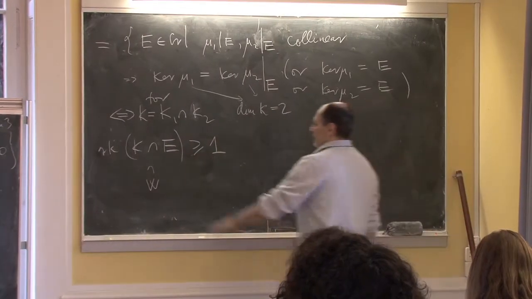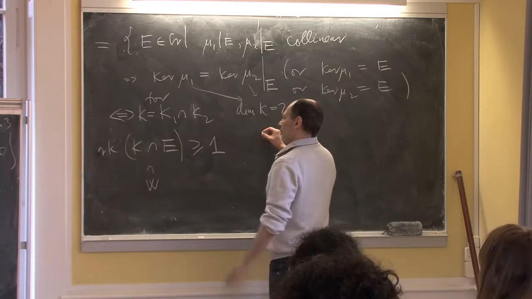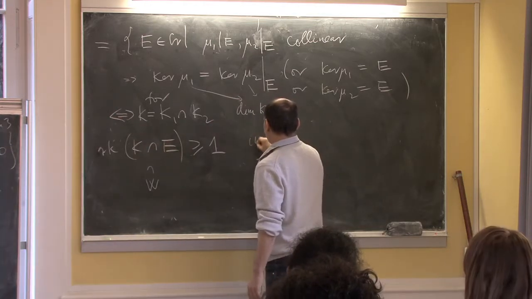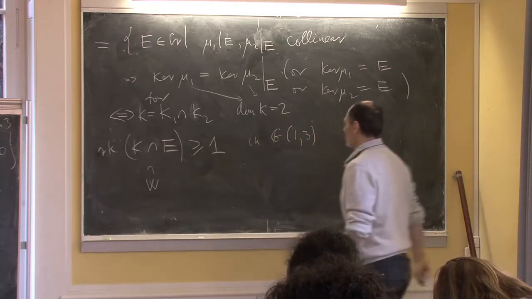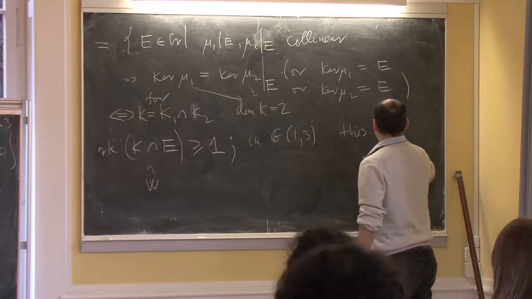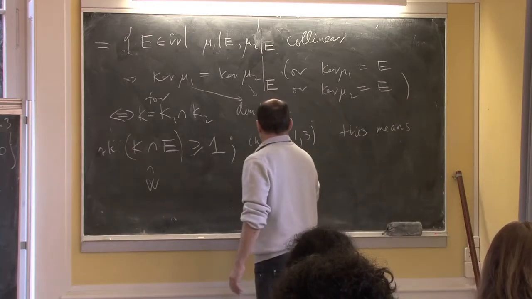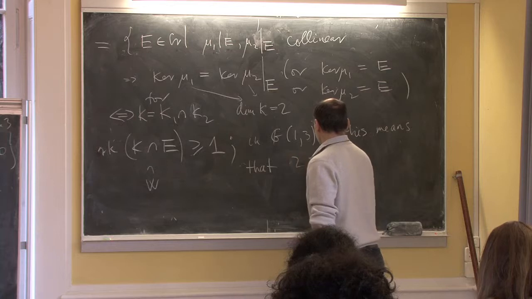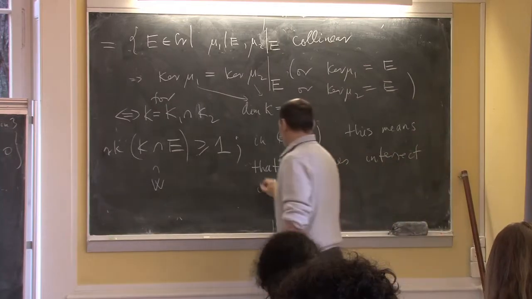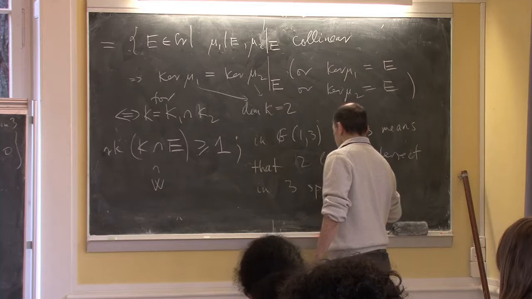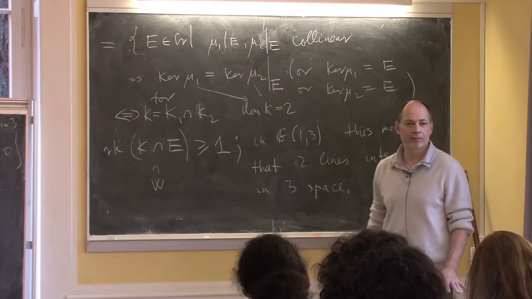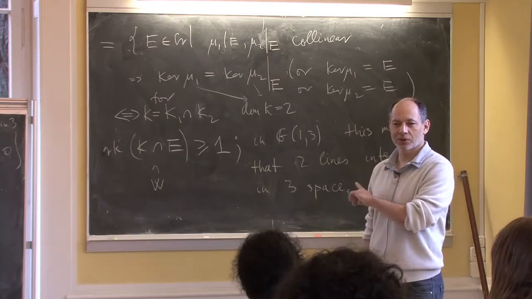You remember, one way of thinking about it, if you do it in the projectivized version, so in thinking in G13, even though I don't like this, this means that two lines intersect in three space. So is this clear?